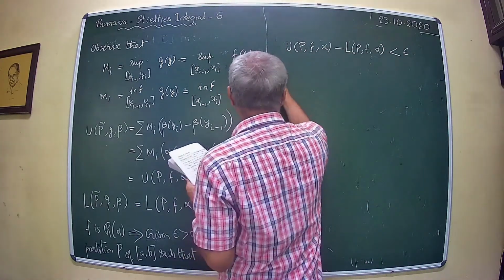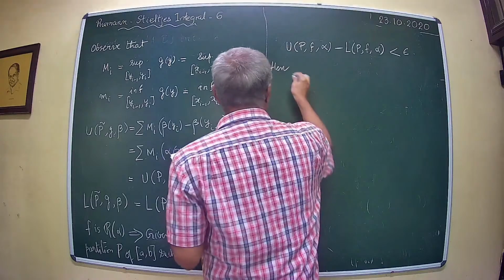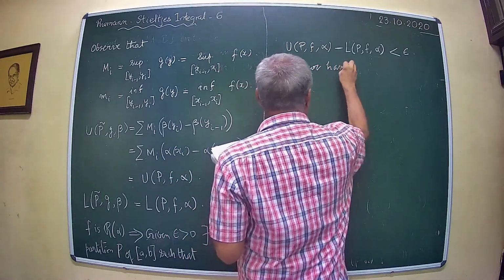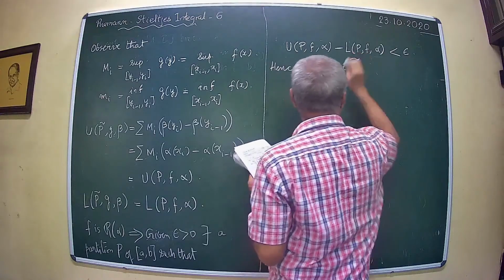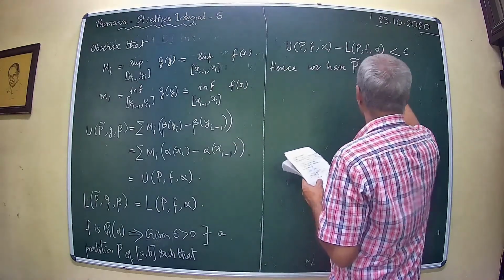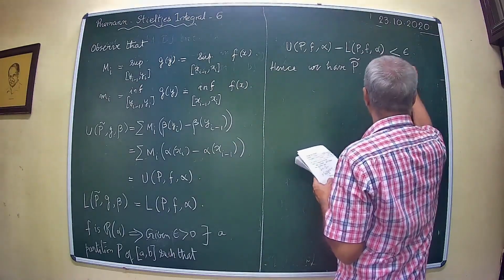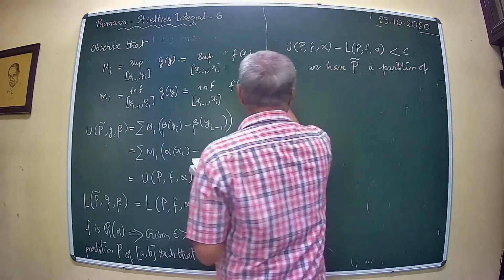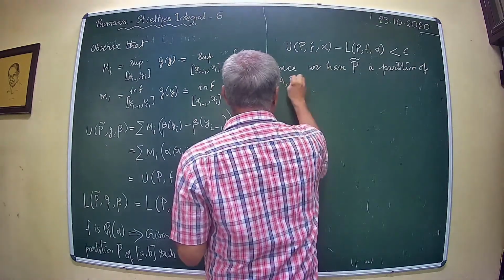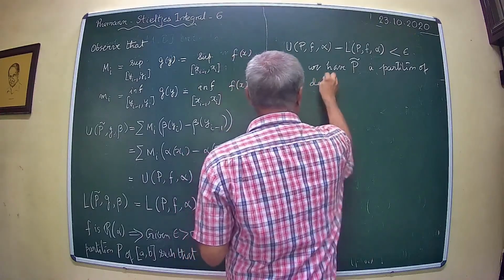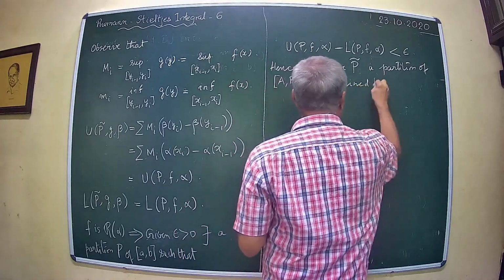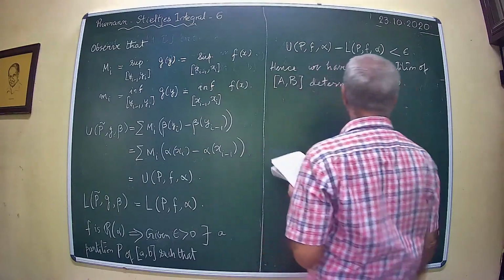So hence we have P tilde, a partition of capital AB, determined by phi.